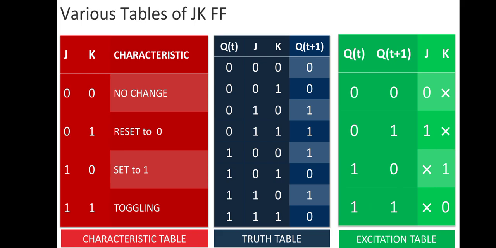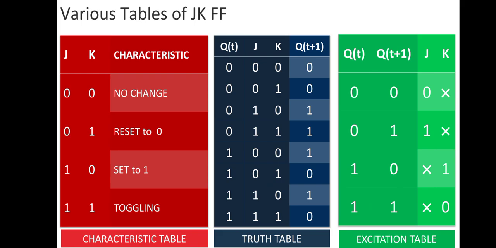In the case of SR there was an indeterminate case, but now my output is getting toggled. By toggling, I mean that the output will change from 0 to 1, or 1 to 0. Please mind that the race around condition we discussed was not desirable, and it was occurring when we were using level triggering.